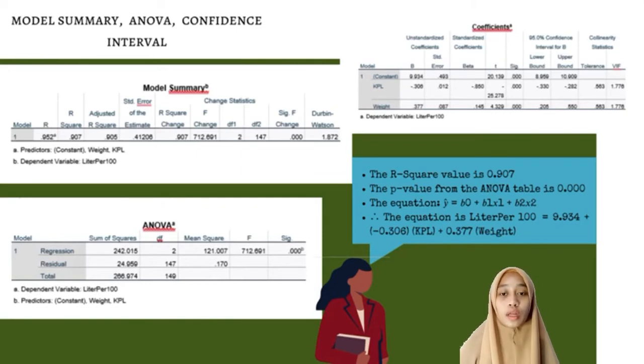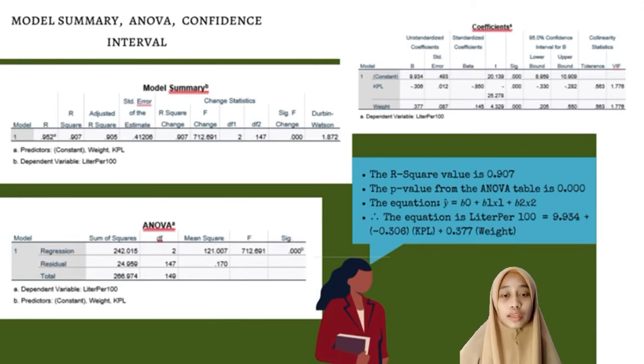After that, ANOVA. The p-value from the ANOVA table is 0, which is less than 0.05. Therefore, at least one of the two variables, weight and KPL, can be used to model liter per hundred. Last one, confidence interval. The equation is liter per hundred equals 9.934 plus negative 0.306 KPL plus 0.377 weight.